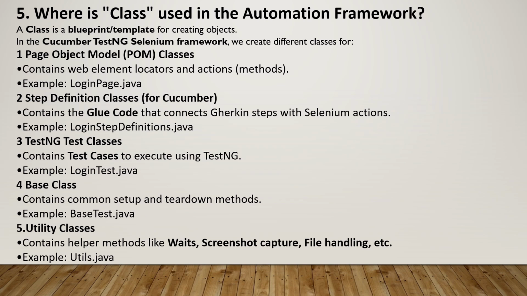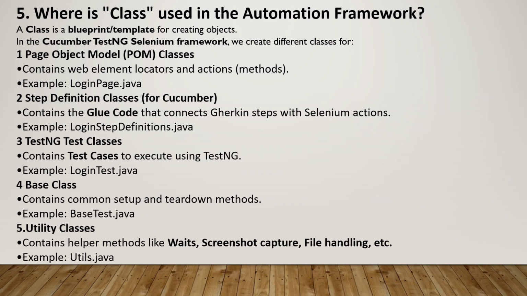Then second, step definition classes for Cucumber framework contain the glue code that connect Gherkin step with Selenium action. Example LoginStepDefinition.java, this is the class. Then third, TestNG test classes contain test cases to execute using TestNG. Example is LoginTest.java class.